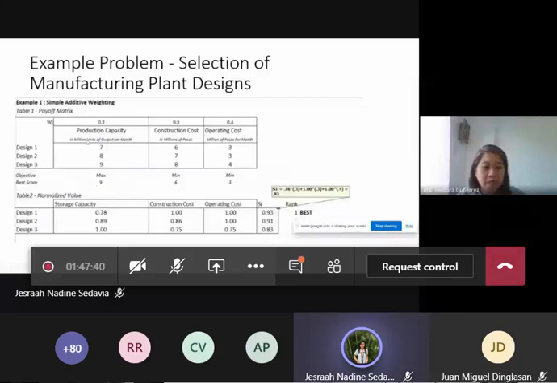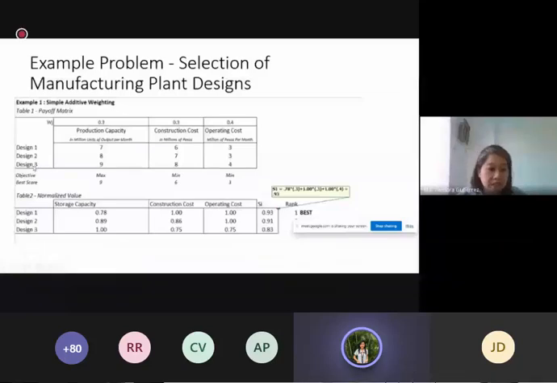For the production capacity, the best option is design 3. For the construction cost, the best design is design 1. And for the operating cost, it's design 1 and 2. So we write this one. And we see the formula a while ago in the simple additive weighting on normalization.